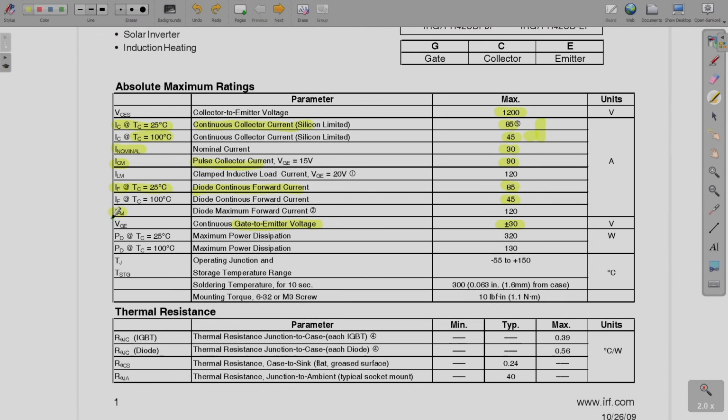Then the pulsating diode current, what the diode can carry, is given as 120 amperes. Then these are the maximum power dissipation limits at 25 degrees C and 100 degrees C. So, those are provided. Then junction temperature and storage temperature range are also given, and here the mounting torque and soldering temperature are also provided by the manufacturer.